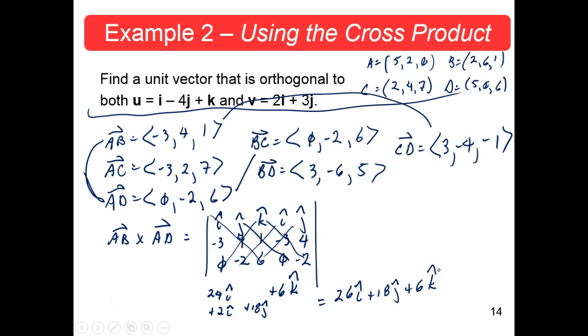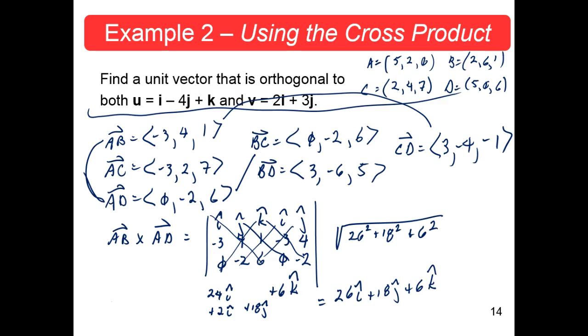Now that's the cross product. We're really not interested in the cross product itself. In that vector, we're interested in its magnitude. So the magnitude of this is the square root of 26 squared plus 18 squared plus 6 squared. I'll need a calculator for that one. Do you have one?